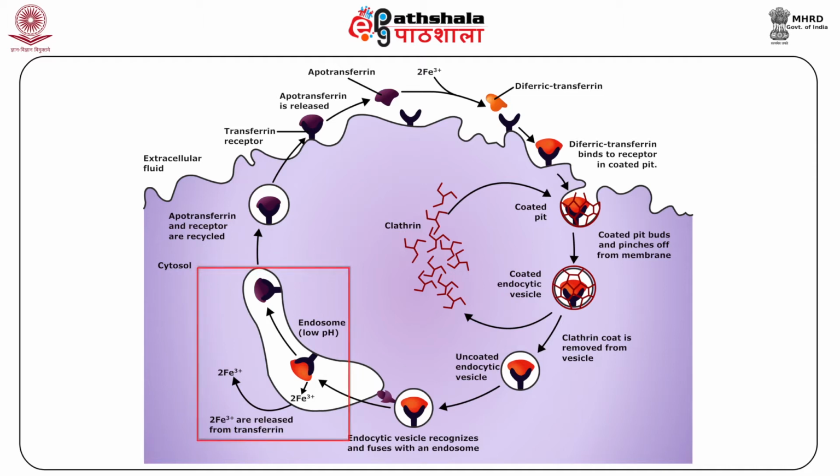This would eventually facilitate the removal of iron from transferrin. Transferrin along with its receptor is then transported through the endocytic cycle back to the cell surface, which becomes ready for another round of iron uptake. So all this has been demonstrated in this diagram.